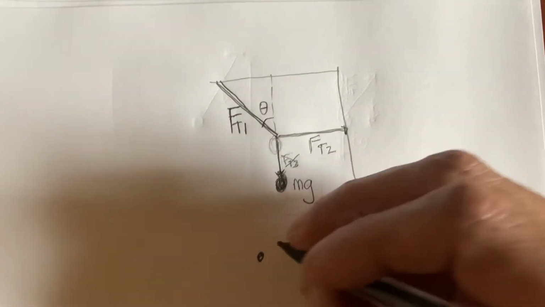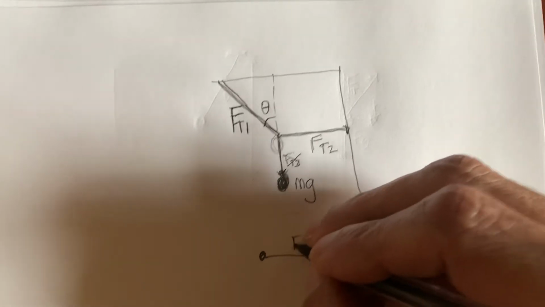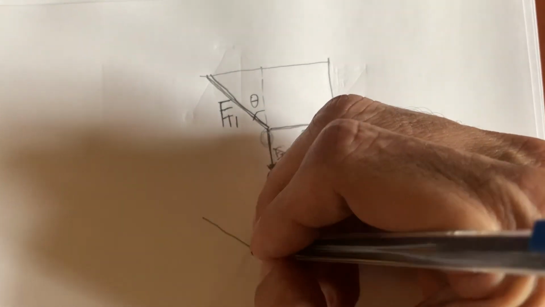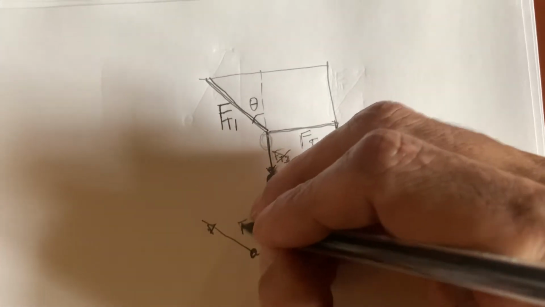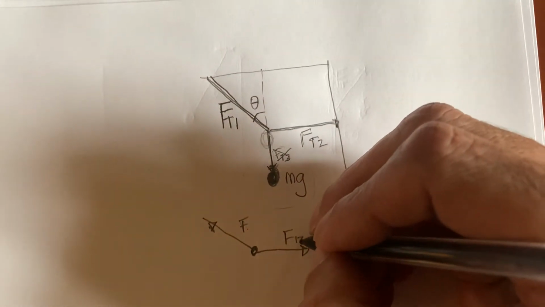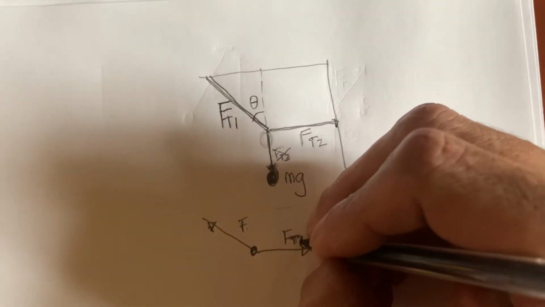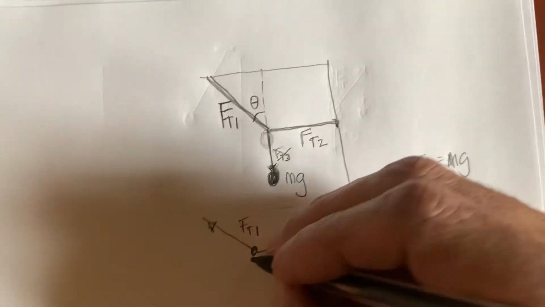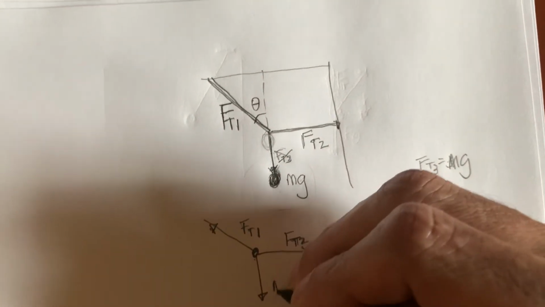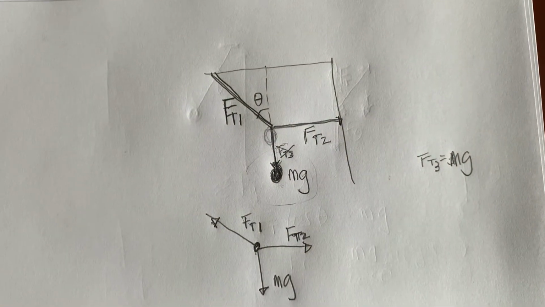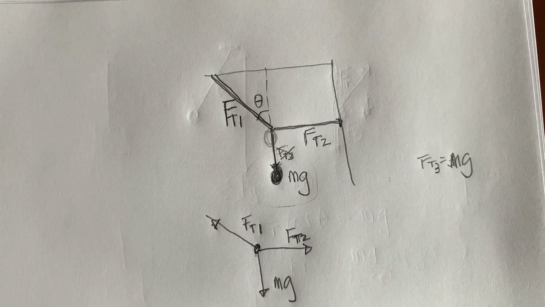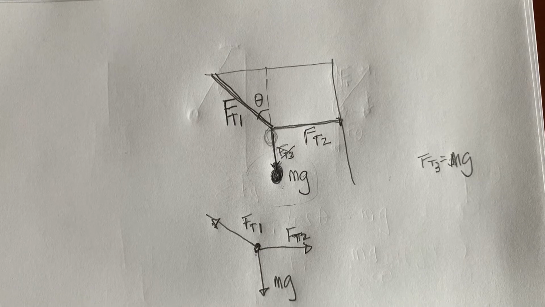My free body diagram looks like this: FT1, FT2, FT1, and mg. And this is static, meaning the sum of these forces is going to add up to 0.